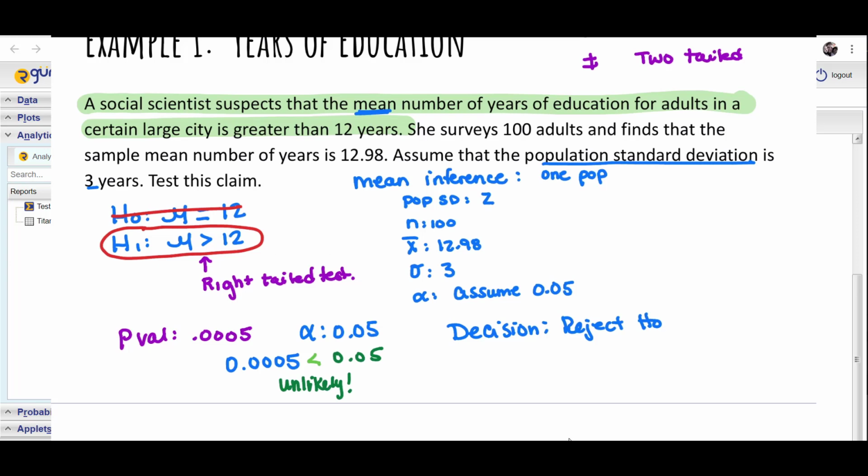So we're actually going to write a conclusion statement. And think about how we wrote the interpretation sentences for confidence intervals. I gave you a little template, so I'm going to kind of give you a little template here. All right, so you're going to say that either there is or is not. So that's what would go here.